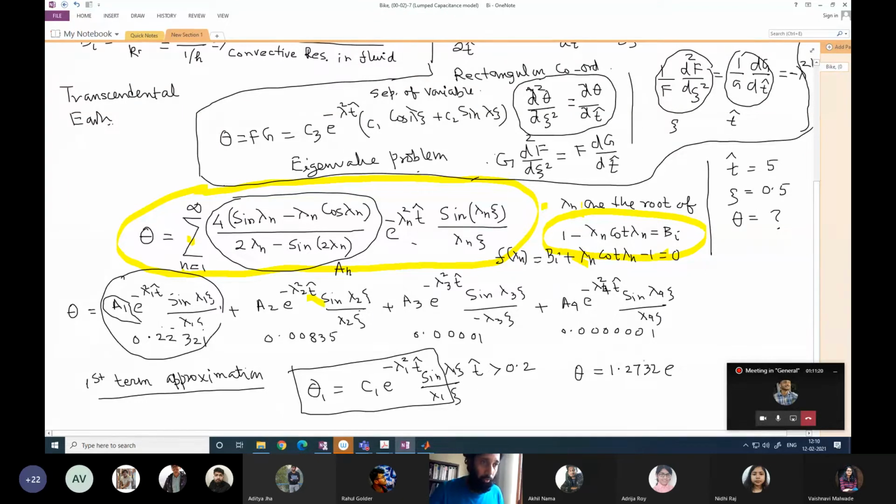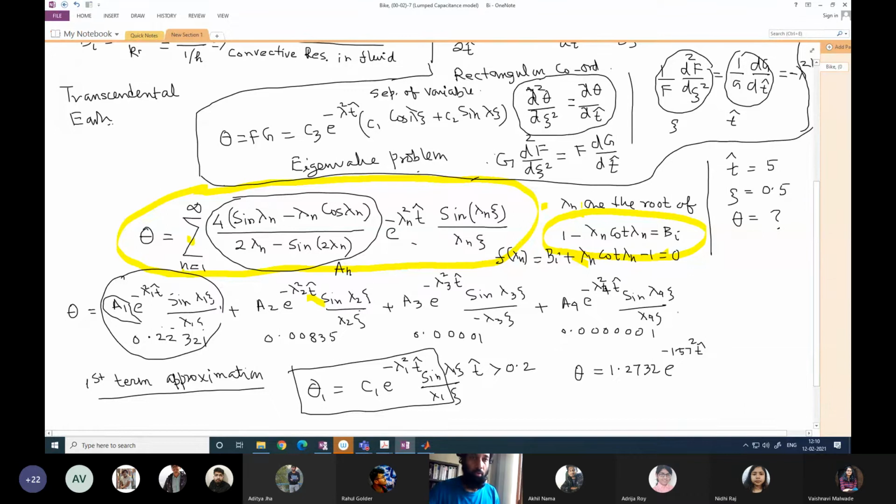So the solution is 1.27, that was the coefficient, e to the power minus lambda 1, for bio number 1 it was 1.57, so minus 1.57 square t hat, times sine 1.57 zeta divided by 1.57 zeta. So this is the approximate solution.